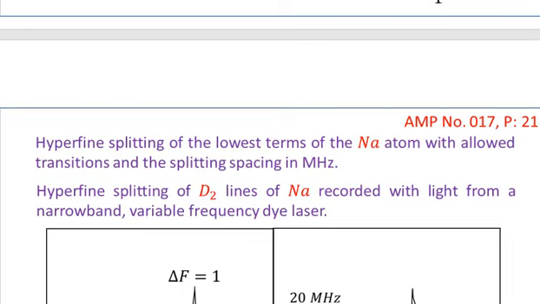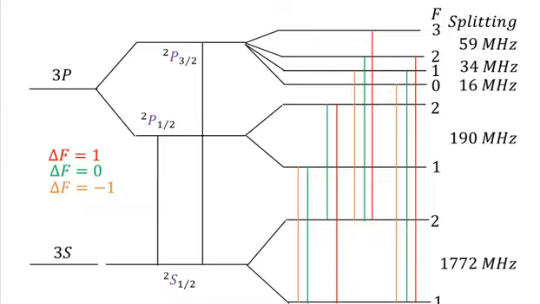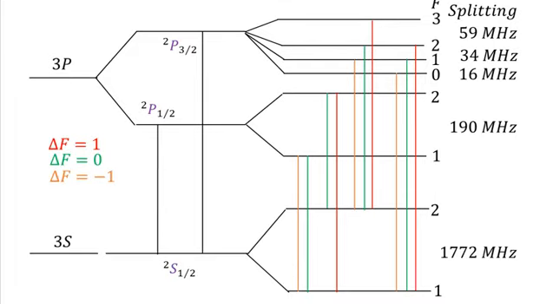Here again you can see that the levels are more than 2. What is the value of the nuclear spin for the sodium atom in the ground state? The value of the nuclear spin, capital I, is equal to 3/2.